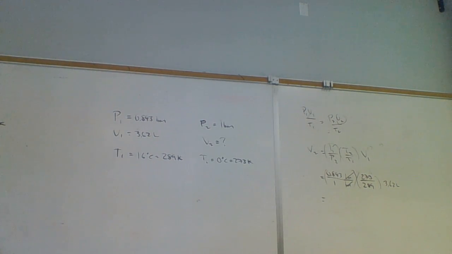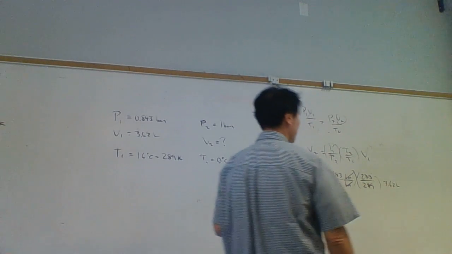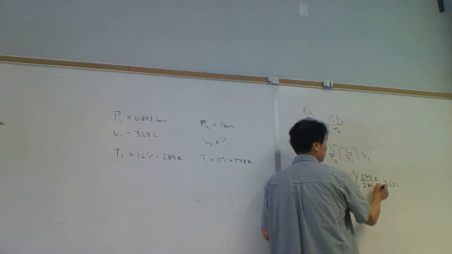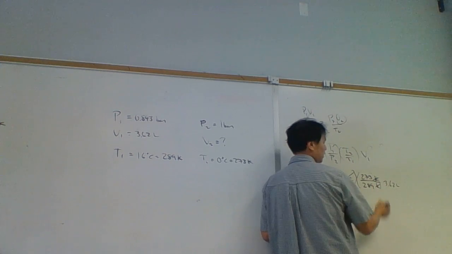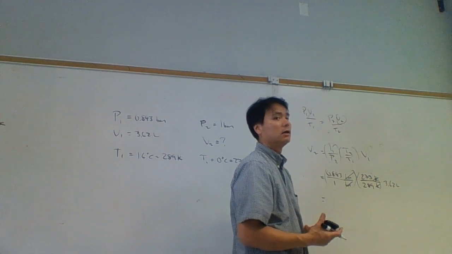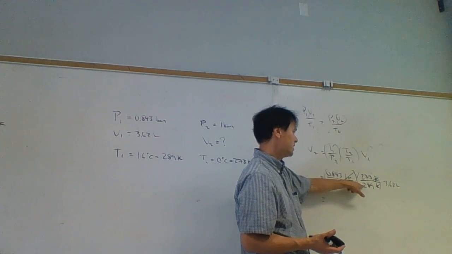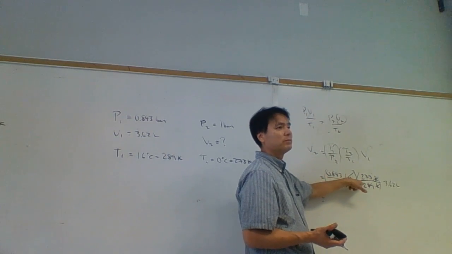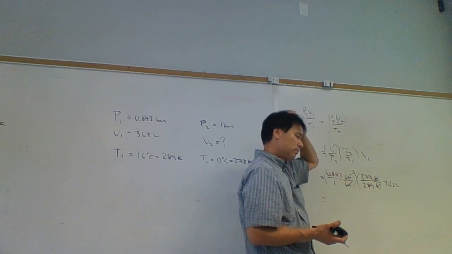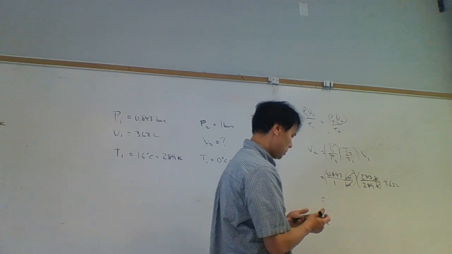So we're going to get 0.843 times 273. Even though the units here, Kelvin cancels out Kelvin, it has to be in Kelvin. This won't work in degrees C. For example, if you had 0 degrees C in the denominator, then this fraction would be infinite, which isn't right.